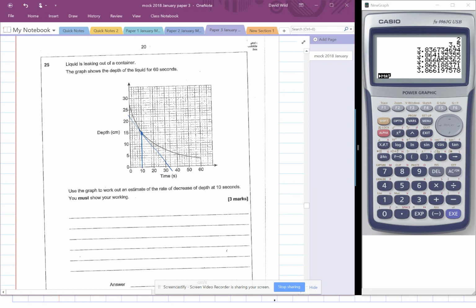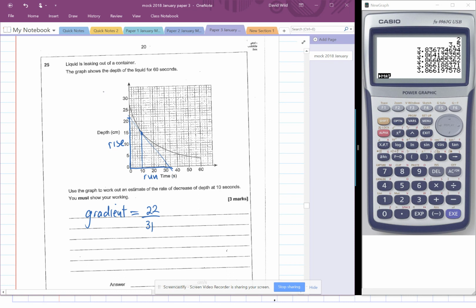So what we're looking to do now is work out the gradient of that line. To do that, we do rise over run. Here's our triangle. So the gradient, which is the rate of depth at 10 seconds, is rise, which looks like 22, divided by the run, which looks like 31.